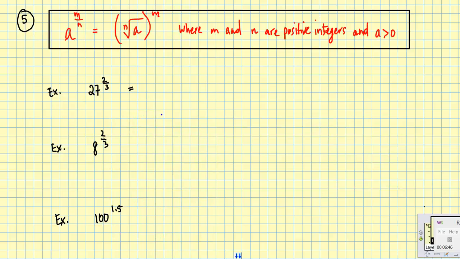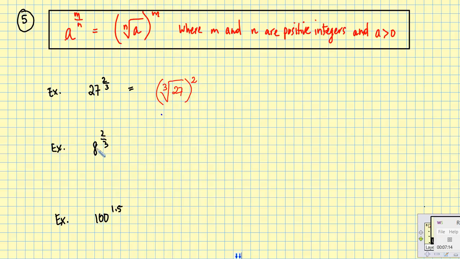All right, now if I look at a situation where my fraction doesn't have a 1 in the numerator, but actually has another number, so my value of m in the numerator of that exponent is not equal to 1 anymore, then what we can be looking at is taking the cube root of 27 and then raising it to the power of 2.